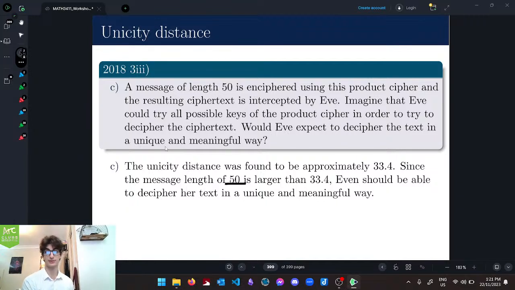Since the message of length 50 is larger than 33.4, the length is greater than n naught. Even though this was an approximation, we can be confident that the approximation is at least within the bounds of something to the order of 20 of a difference. Eve, my mistake, should be able to decipher her text in a unique and meaningful way.